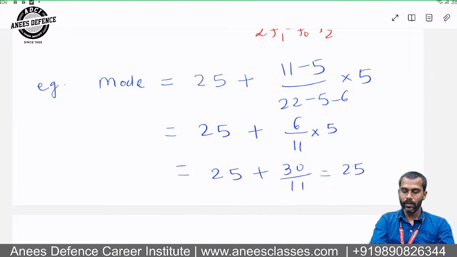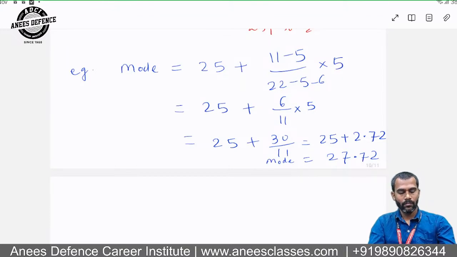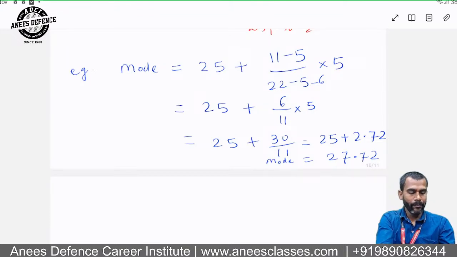That is equal to 25 plus, 11 sevens are 77 and 11 twos are 22. So answer would be 27.72. Is there any doubt? This is the mode. I hope it is clear. Shall we move ahead?